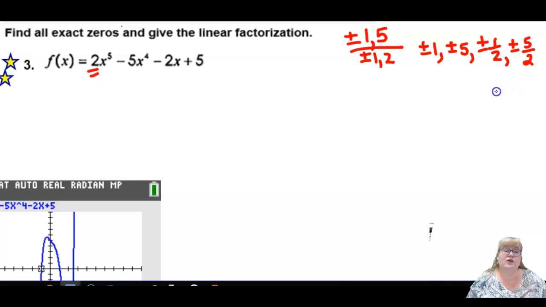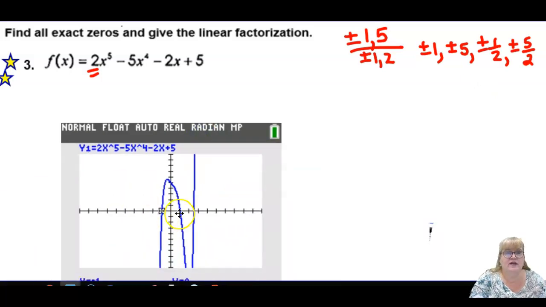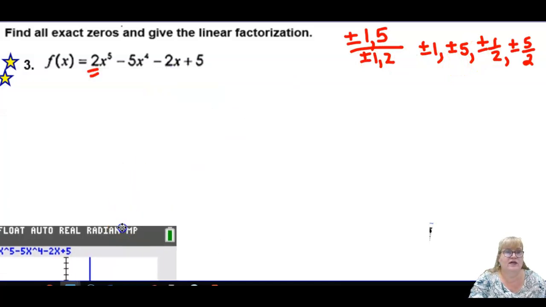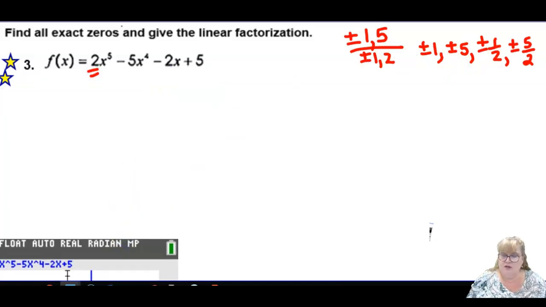All right, now there could also be imaginary zeros. And I graphed it, and it looks to me like there's 3 real zeros. It's degree 5, so it could also have 2 imaginary zeros. Whew, this is going to take us a minute. So the first thing I did was it had a 0 at -1.